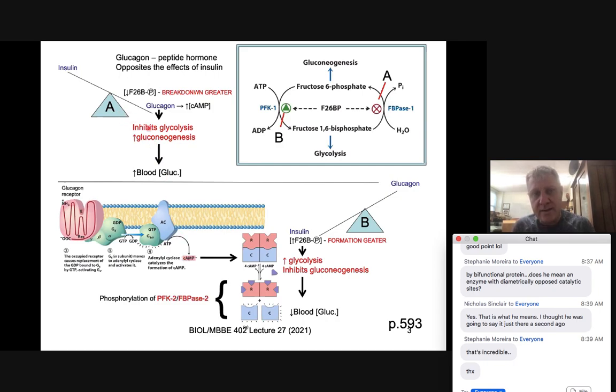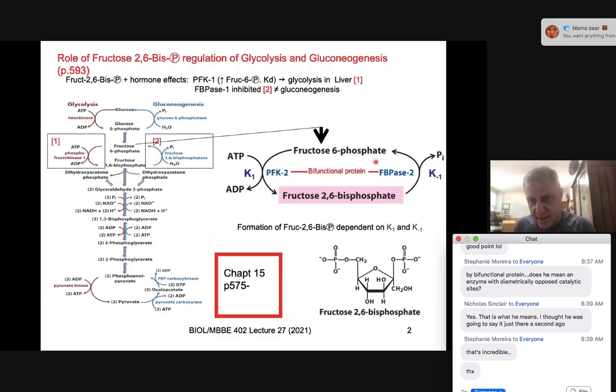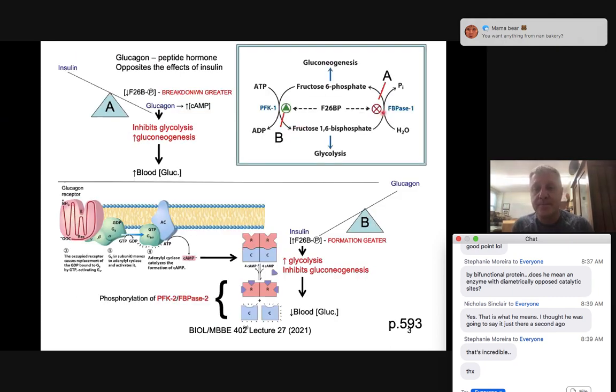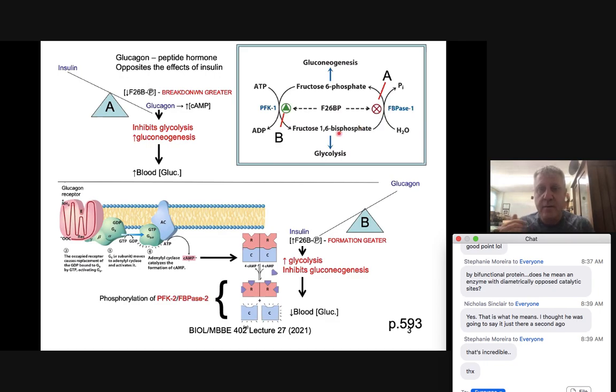So in A, what we see is a decrease in the fructose 2,6-bisphosphate. The K minus 1 is greater than the K1. So we've got a greater degradation to produce more fructose 6-phosphate. So that's this here. And then we're going to see a movement to have more glucose being made.